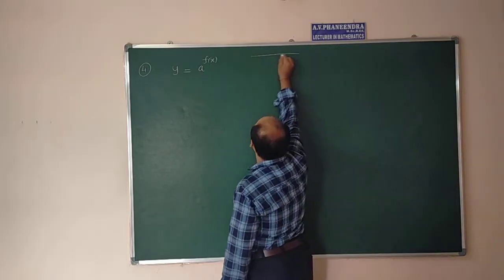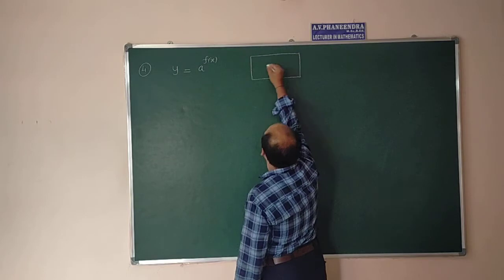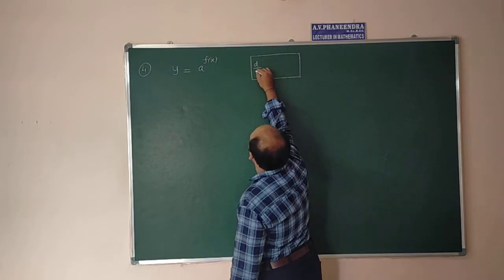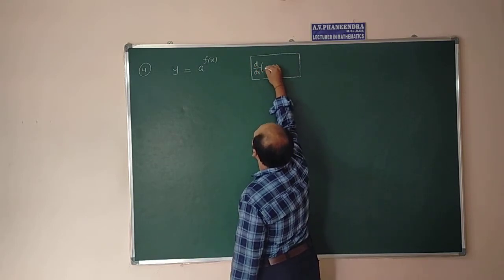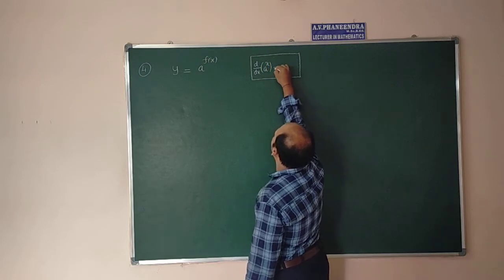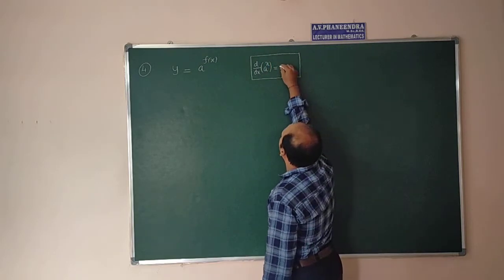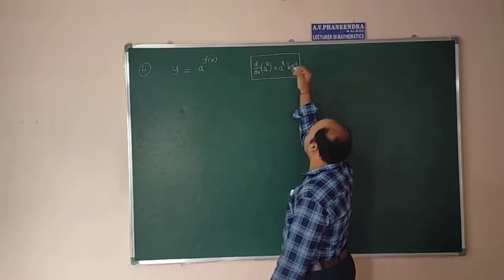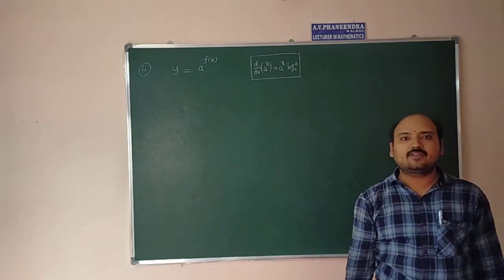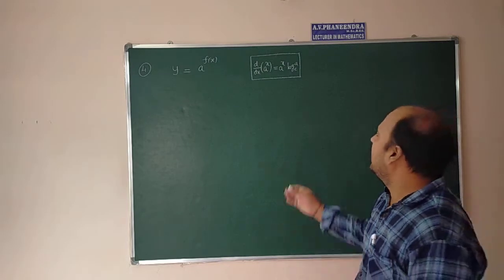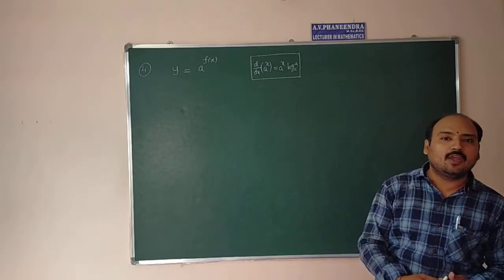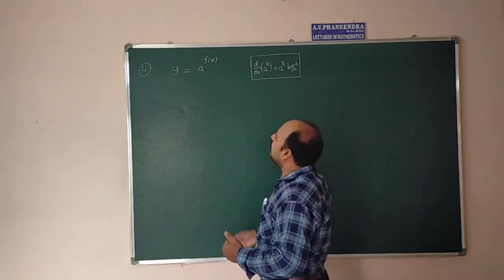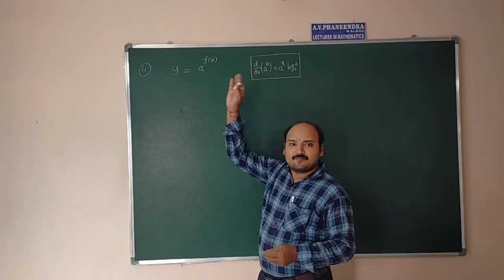So we know the formula: d by dx of a power x is equal to a power x into log a to the base e. Similarly, it is in the form of a power f of x.